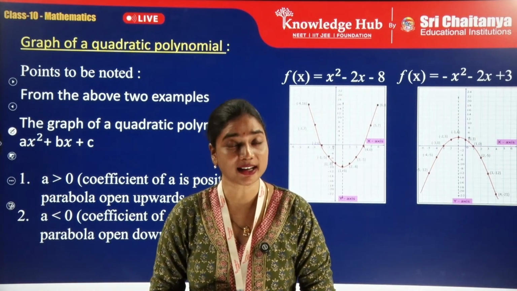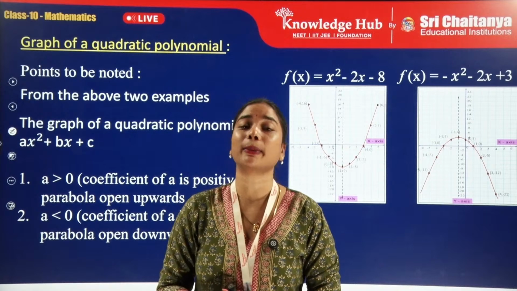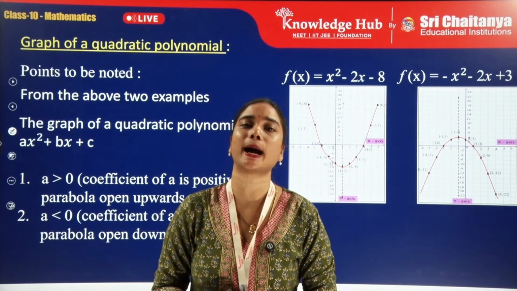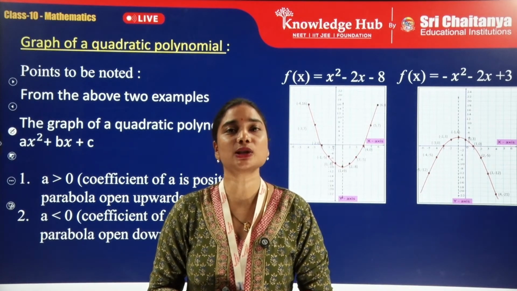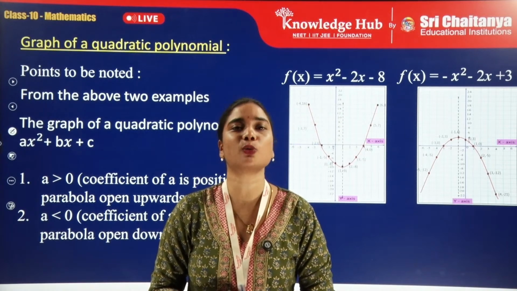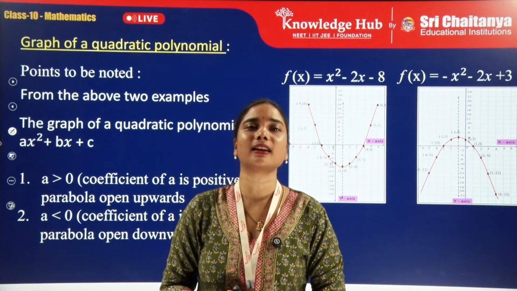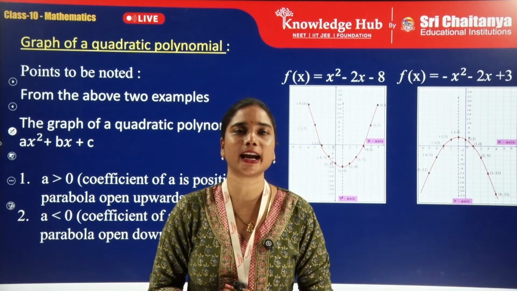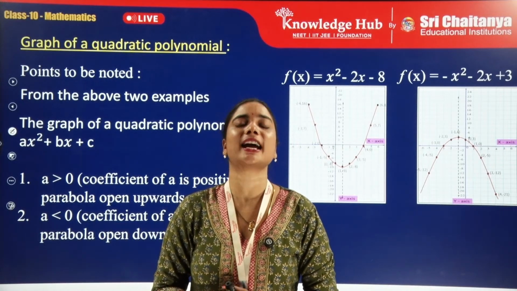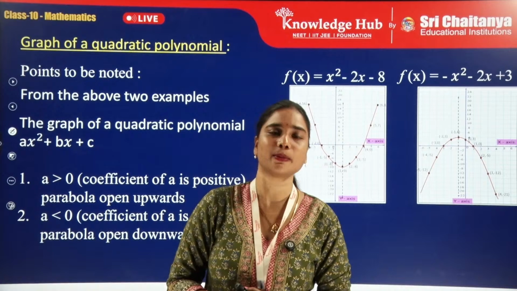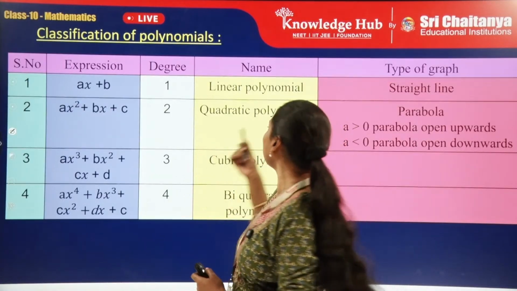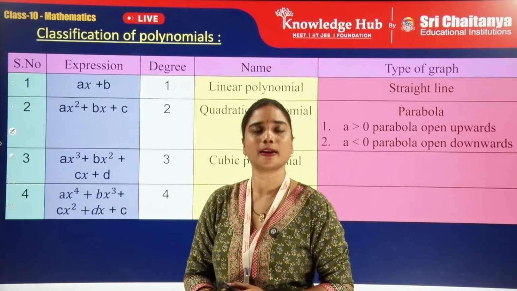If the coefficient of x square is positive, the parabola opens towards the upward direction. As b square minus 4ac is more than 0, the given quadratic polynomial graph touches the x-axis at two distinct points. So, these are the conditions of a quadratic polynomial.